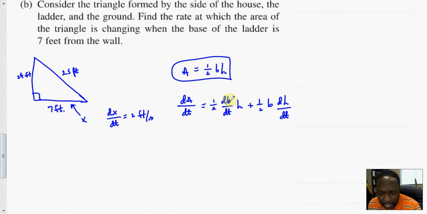Now dB over dt is just going to be the dx over dt, right? And so let's see if we can label these terms. The base is 7 feet.